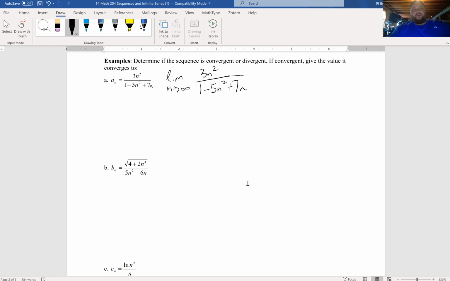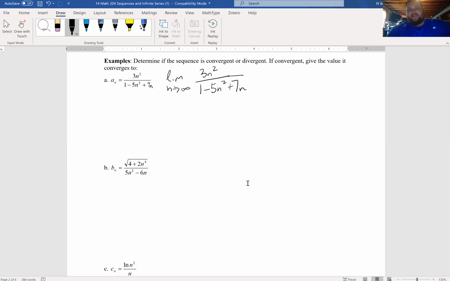The way that we should have learned to solve infinite limits is to compare the order of the numerator and denominator, which you might recall doing. It is kind of a way to look at asymptotes. So what I'm going to do is take the highest power of n from the denominator and divide everything by that.